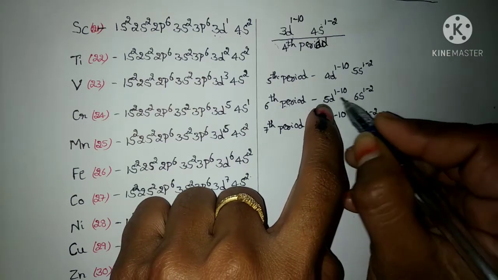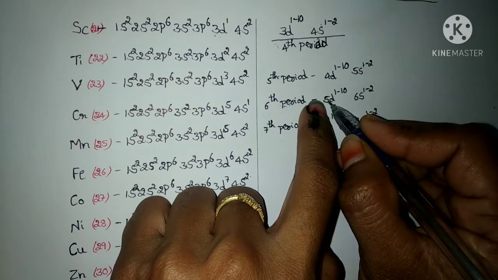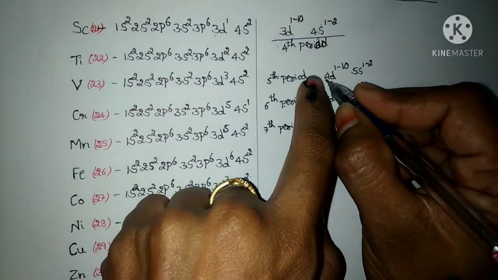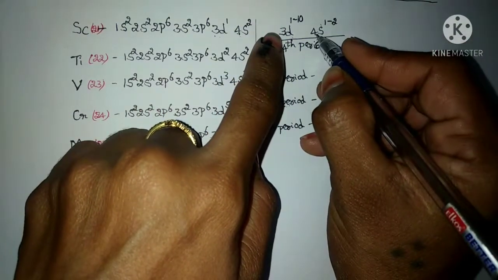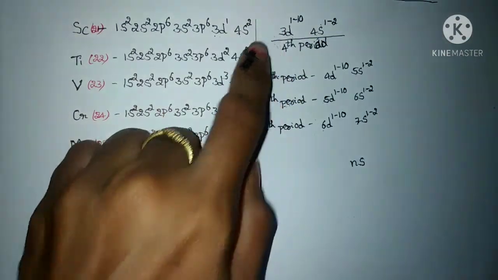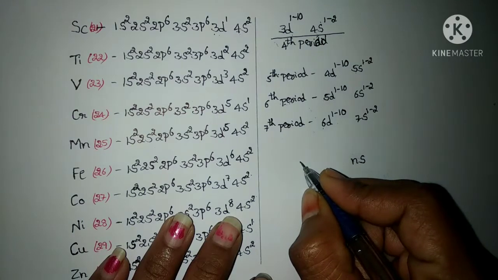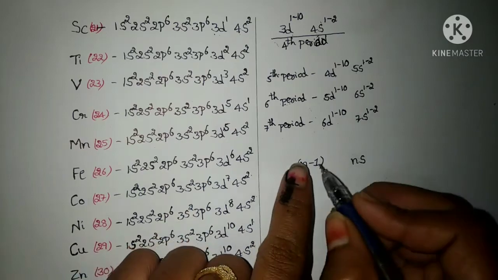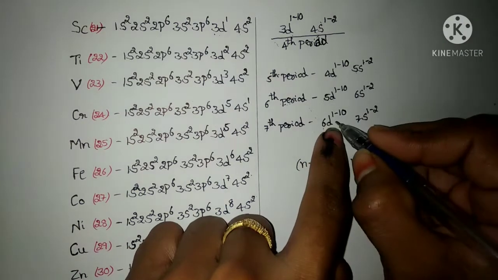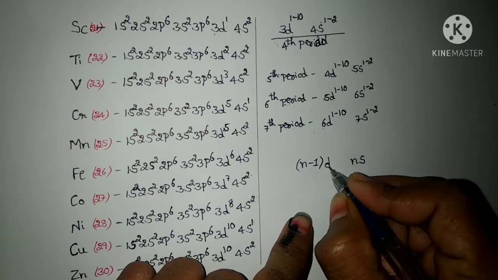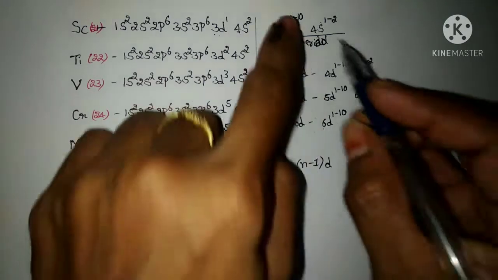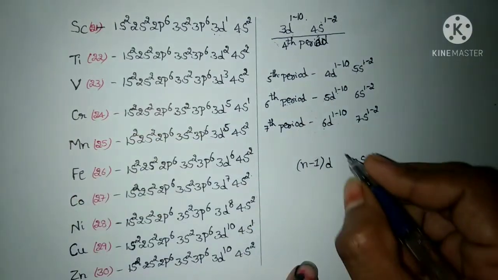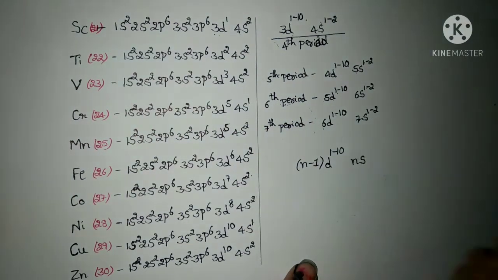Here 4 is the valence shell and 3 is the penultimate shell. What is the representation for the penultimate shell? It is n minus 1. In the penultimate shell, electrons are present in the d orbital, and there may be from 1 to 10 electrons.